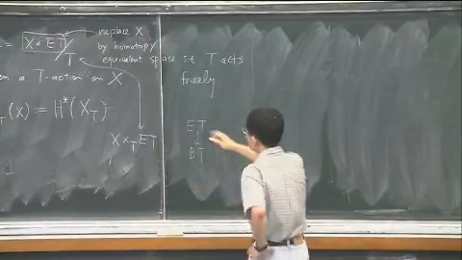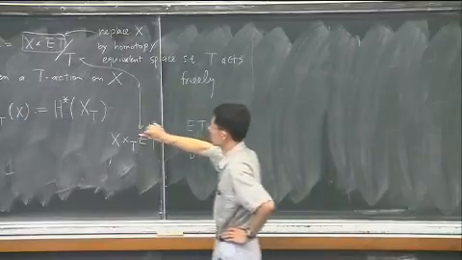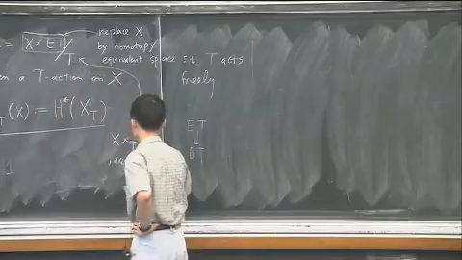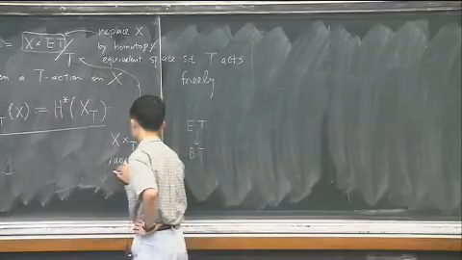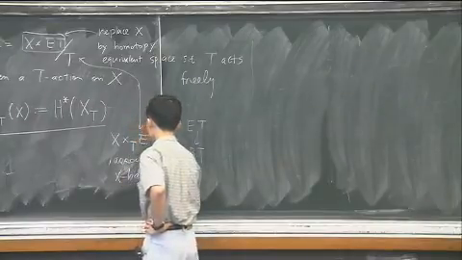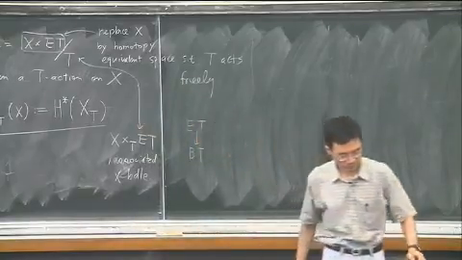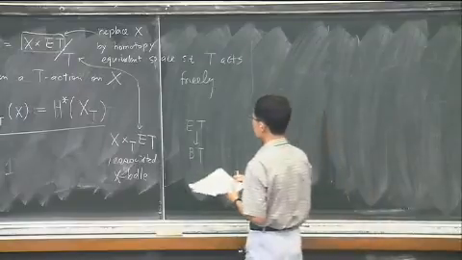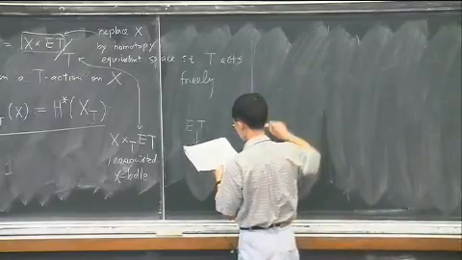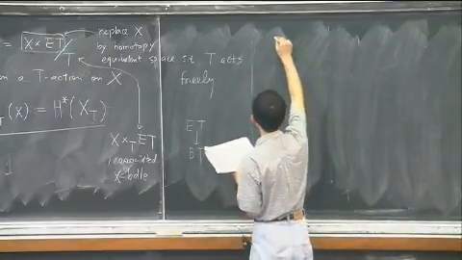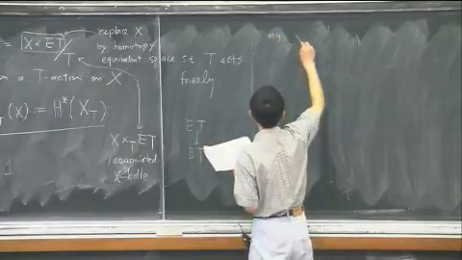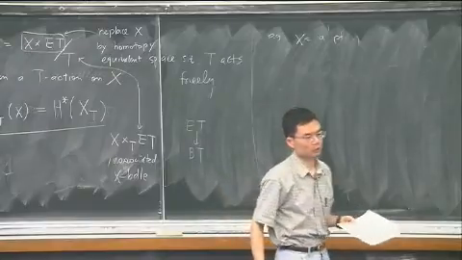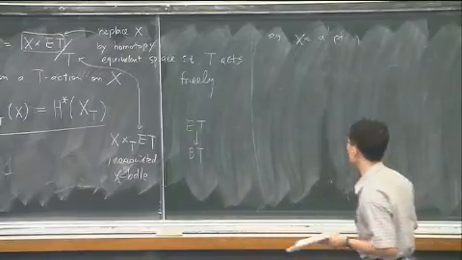Anyway, you change the fiber basically. For example, if X is a point, certainly T acts on it trivially, so it's not free.